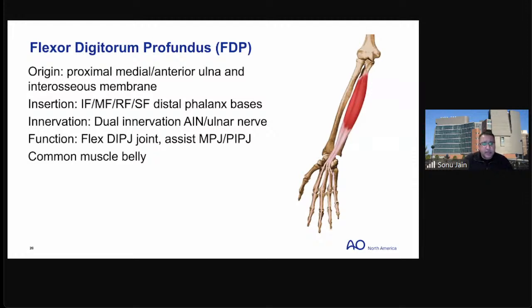The FDP again inserts on the distal phalangeal bases of the fingers. It's dually innervated by the AIN and ulnar nerve, from radially to ulnarly. It flexes the DIP joint and assists the proximal two joints, the MP and PIP joints, and they do have a common muscle belly.